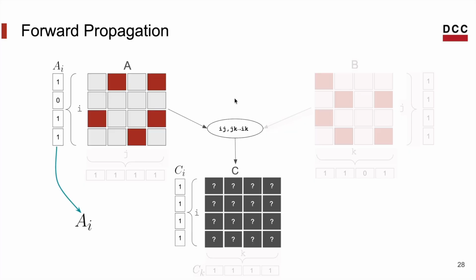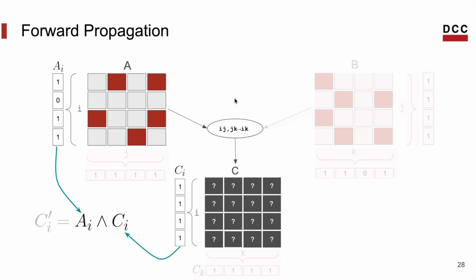So since this is the forward propagation, I'll be propagating the sparsity from my input dimensions to my output dimensions. So I'll start by grabbing the sparsity vector for dimension I in A, and also my initial assumption about C sparsity, which is that I don't know anything about C sparsity.